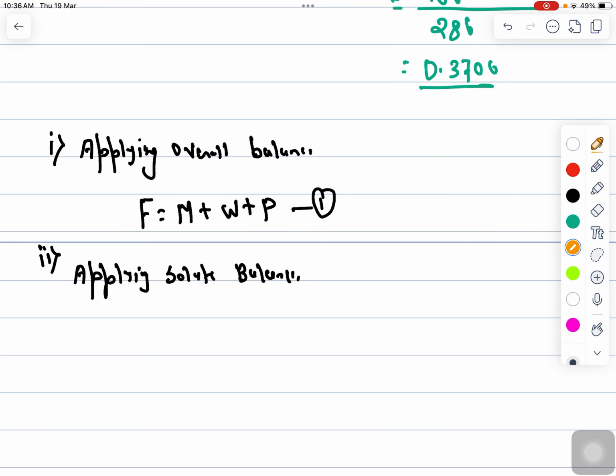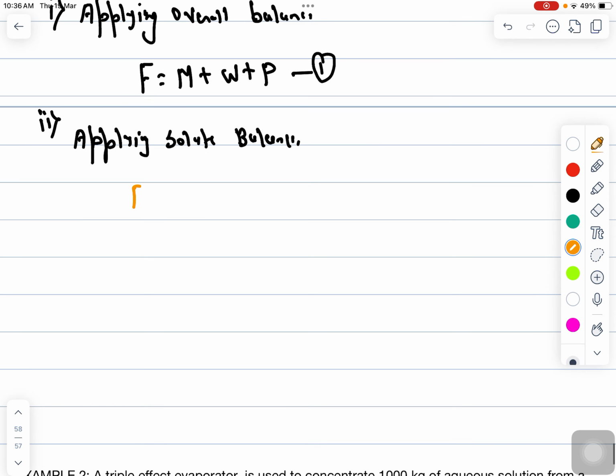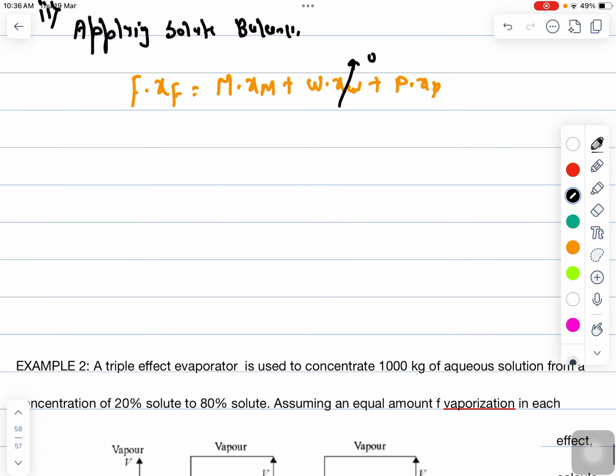If I perform the solute balance, I can say that F into XF equals M into XM plus W into XW plus P into XP. Here XW will be 0, so you will get F into XF equals M into XM plus P into XP.